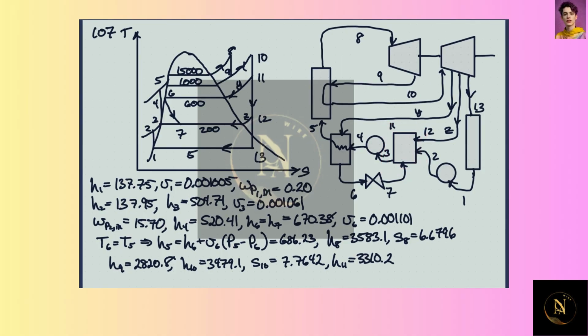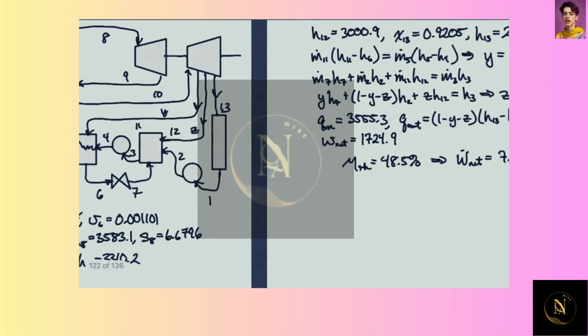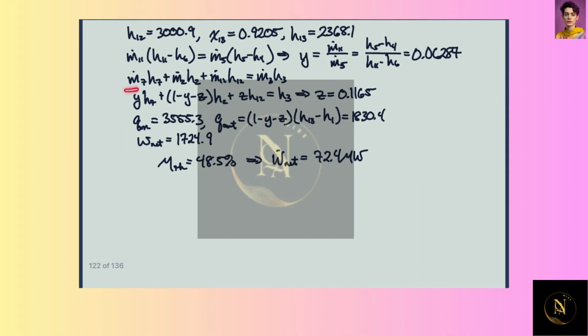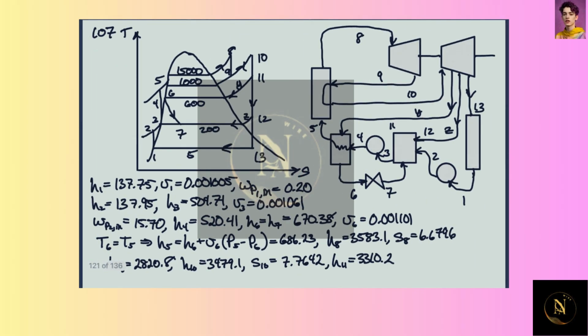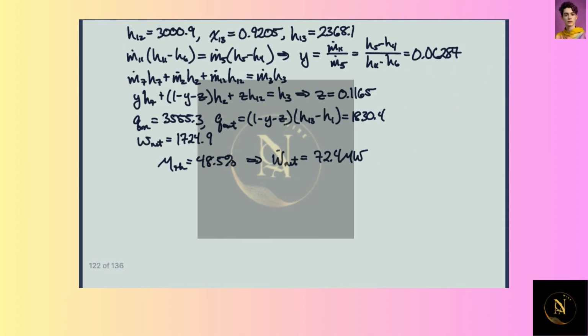And let's see here, we have all these flows in. So we have the enthalpy, the energy flow in, the energy flow out. And then dividing through by M5, which is the same as M3. So essentially we're dividing through by M3.